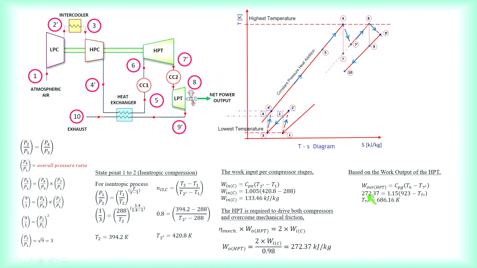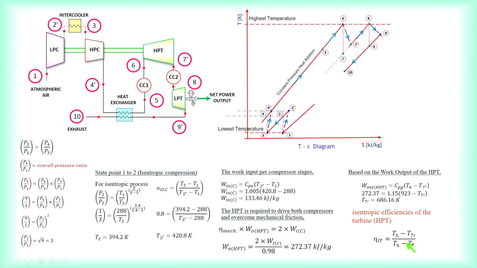Now, once you have T7 prime, you can find T7 by referring to the isentropic efficiency of the high pressure turbine. Remember, for a turbine it is actual over theoretical. So (T6 minus T7 prime) divided by (T6 minus T7) is the isentropic efficiency of the HPT.